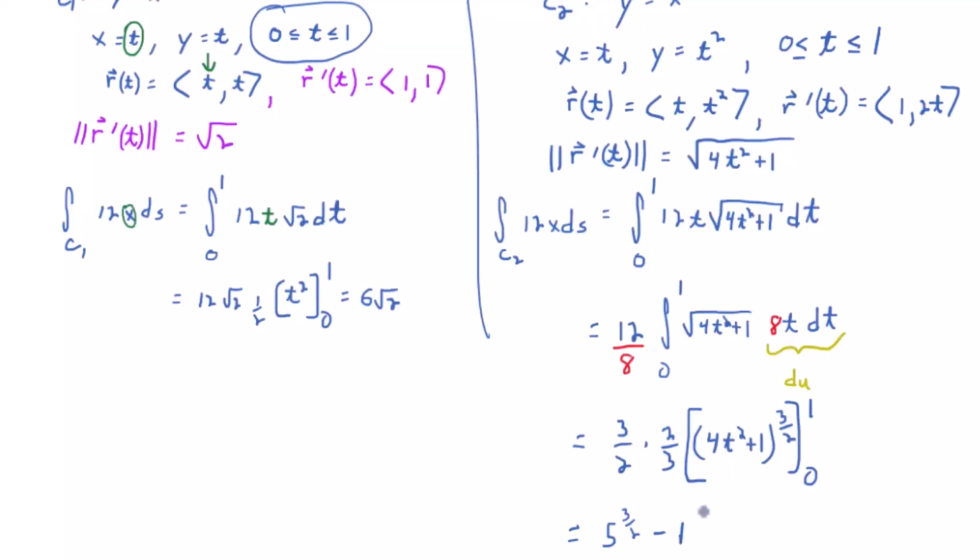Does everybody agree with that? 5 root 5, you want to call 5 to the 3/2? Okay. So then the integral over C of 12x ds would be what? 6 rad 2? So that's this guy. Plus 5 rad 5. And then was it minus 1? Okay.